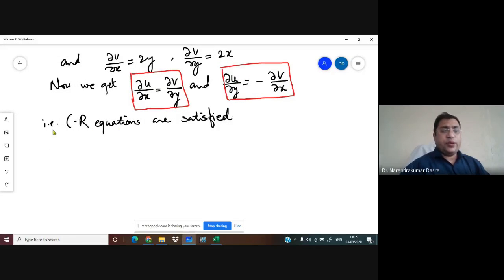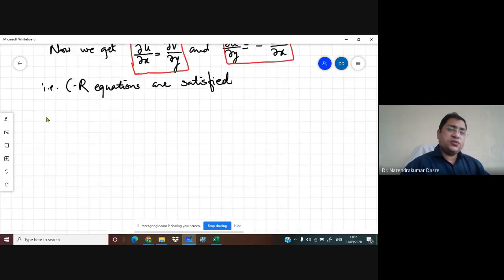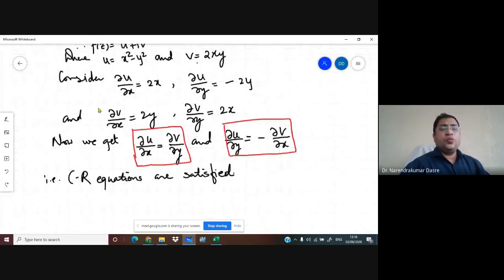So this is necessary but not sufficient, and hence what is the sufficient condition we have? We have to check the continuity of these functions. So now you tell me whether these functions are continuous or not. Now it's your turn.